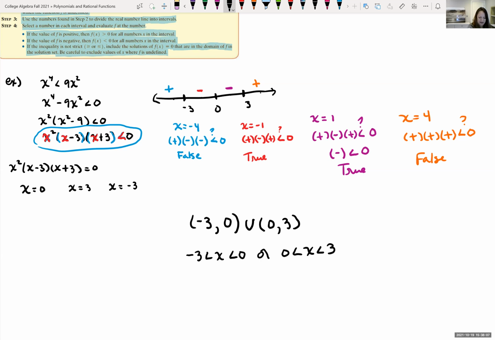And this is how we can write it in inequality notation. I don't like my or. Okay, it doesn't matter though. Write it that way.